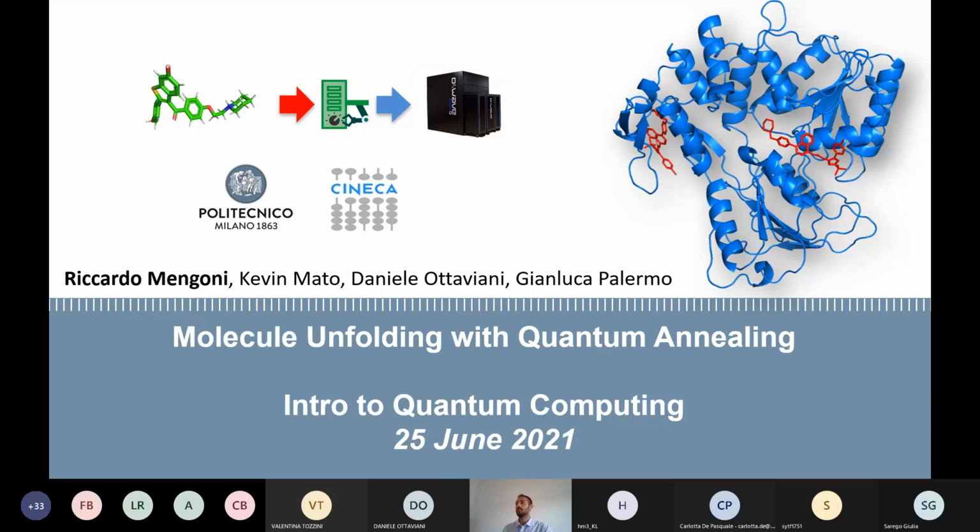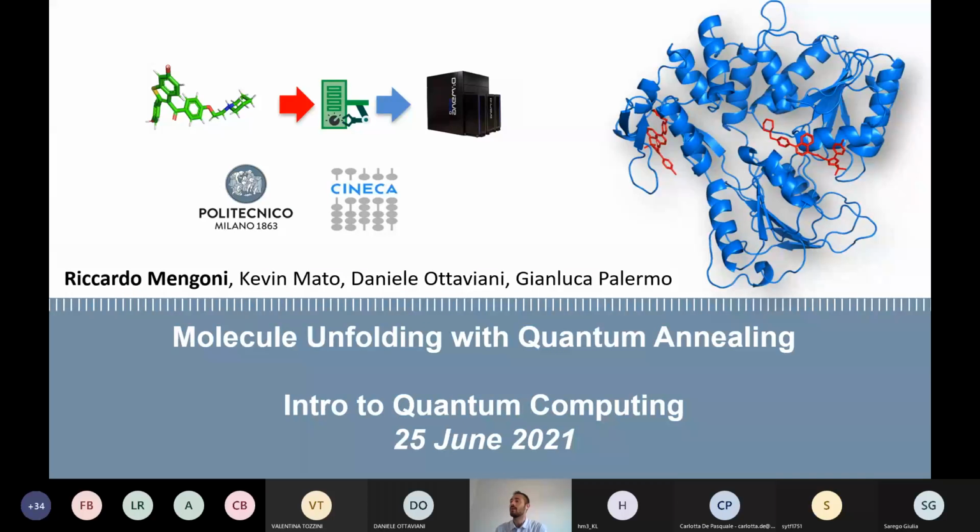We had a collaboration with D-Wave that gave us computational hours on their machines, both the D-Wave 2000 and the D-Wave 5000 qubits, for problems that were related somehow to the COVID pandemic.